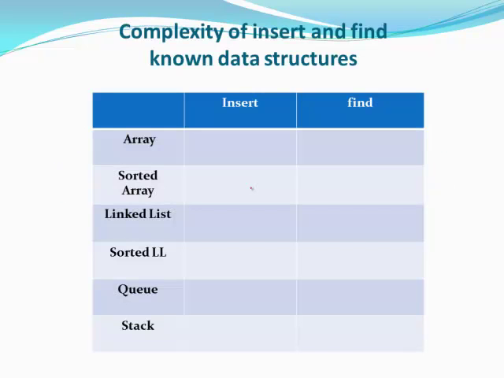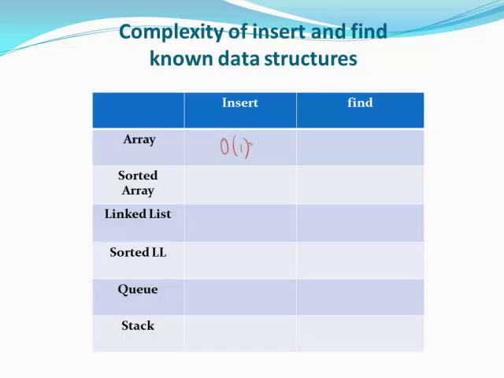Now, we do know that there are many data structures that we can use to store data and find it. For example, if you take an array, inserting an element into an array can be done in big O of 1, because all you have to do is stick the element at the end of the array.